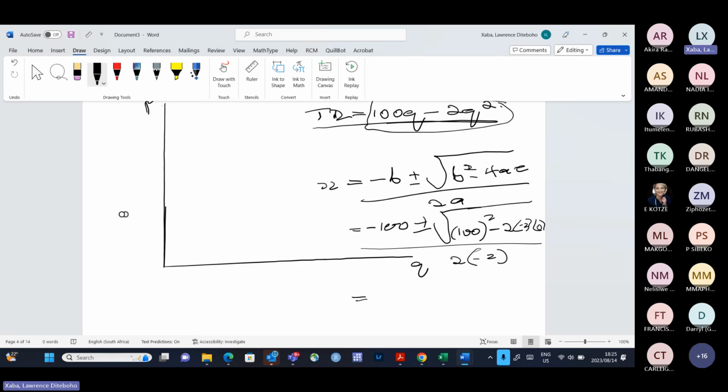Then we simplify. We'll take it step by step so you can see it. Here we have 100 squared, which is 10,000. This part, 4 times negative 2 times 0, is 0.